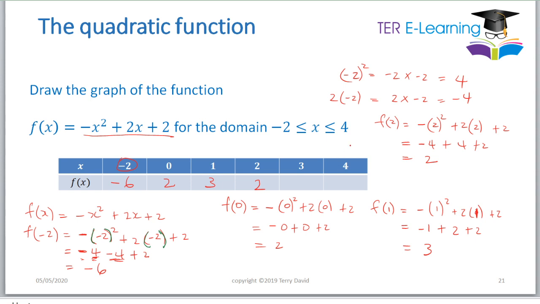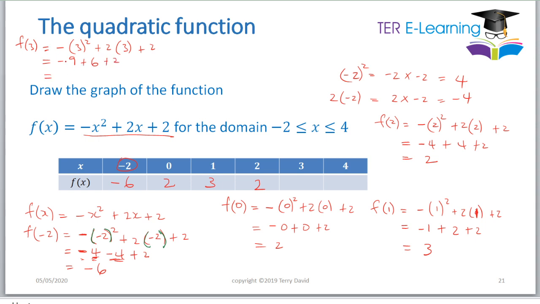So what do we want now? We want f of 3. So f of 3 is equal to minus, we're not doing anything with the minus, it's 3 squared plus 2 multiplied by 3 plus 2. So this is minus 3 3s are 9 plus 6 plus 2.